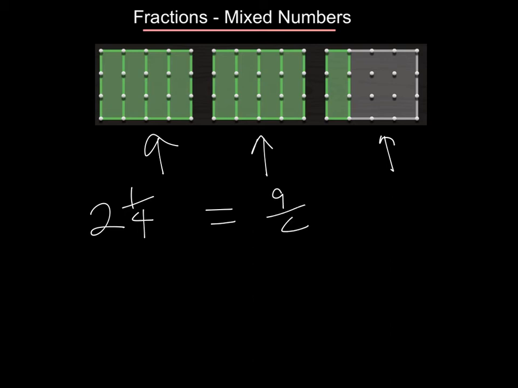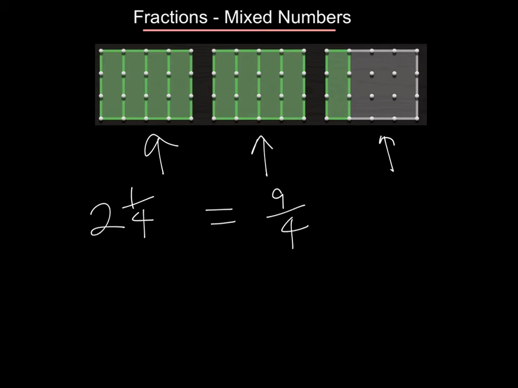A fraction is a part of something. In this example here, I've got, over on the right, 1/4 of a cake. But I've also got 2 whole cakes. We write that as 2 and 1/4. Now if you were to count up all the quarters that I've highlighted in green, you will see that that's also the same as 9/4.